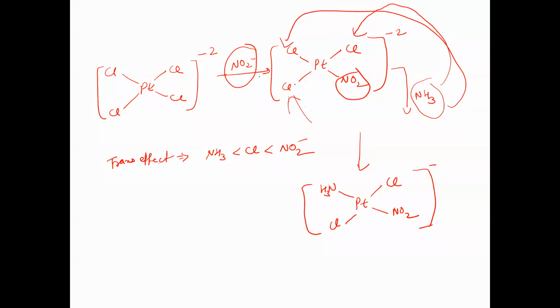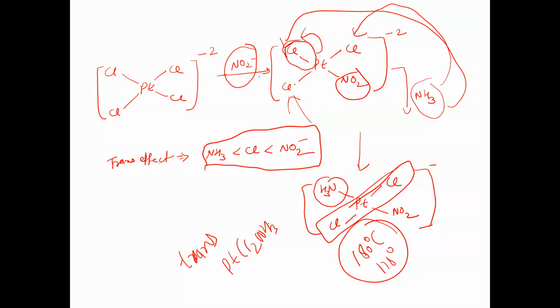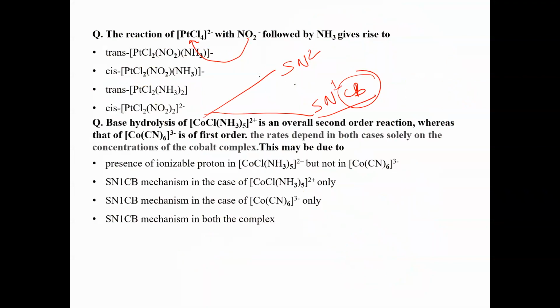In the trans effect series NO2 minus has a great trans effect, so this bond will easily break and then the ammonia ligand will attack here. Here you can see the angle between these two chloride ligands is 180 degrees, approximately 178. So this is the trans platinum Cl2 NO2 complex. This one will be the right answer.